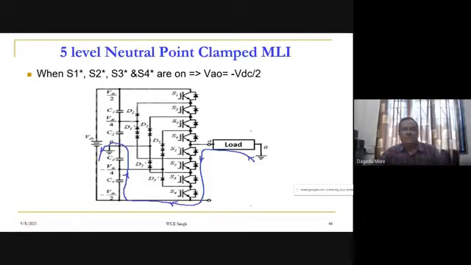in that case the current is reversed, and the current will be in the opposite direction, so it will be like this.